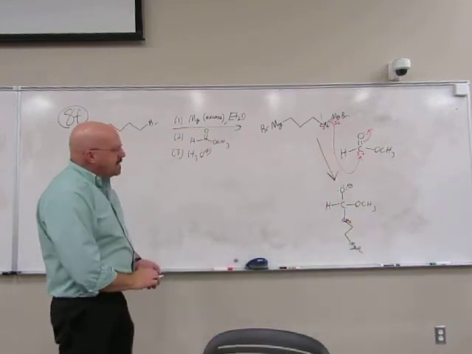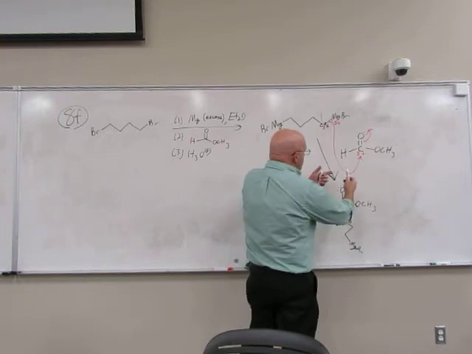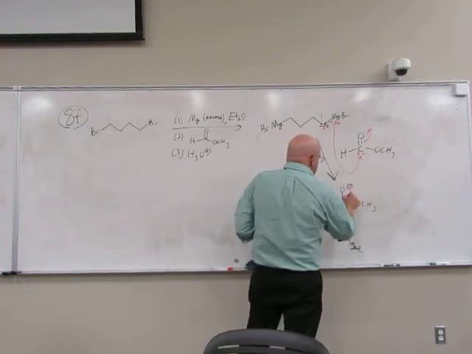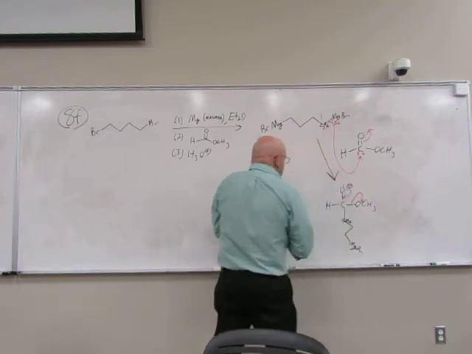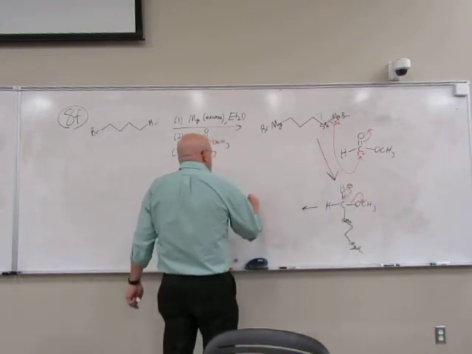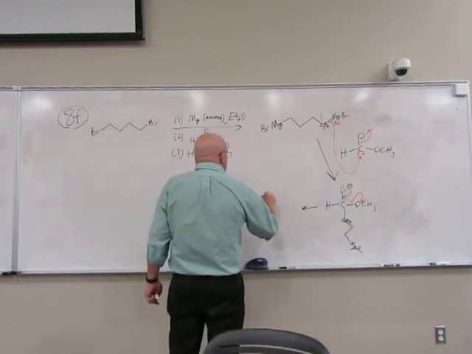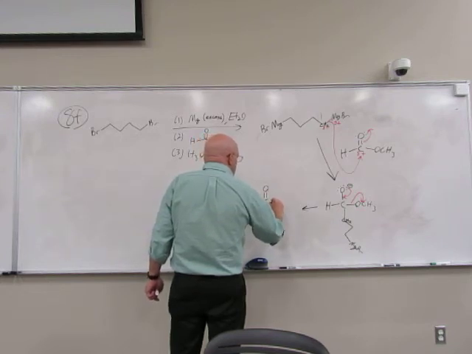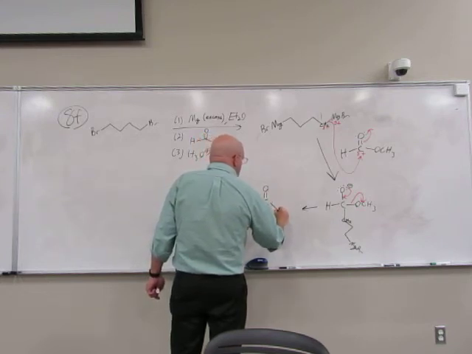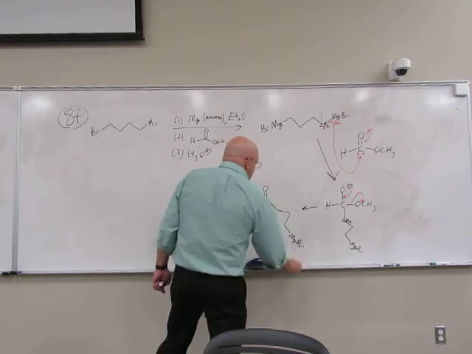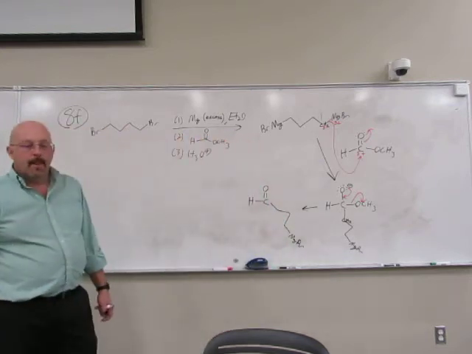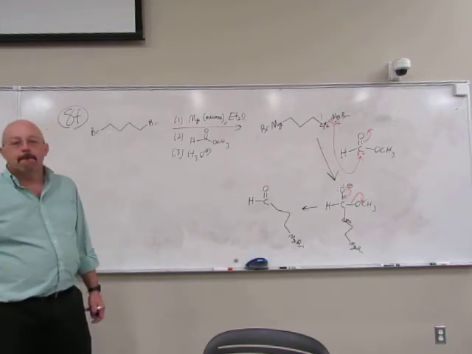Now, anytime we attack and kick the electrons up onto the oxygen, we always need to look and see: can they kick back in and reform the carbonyl if we have a leaving group? And we do. So I made the carbonyl back.